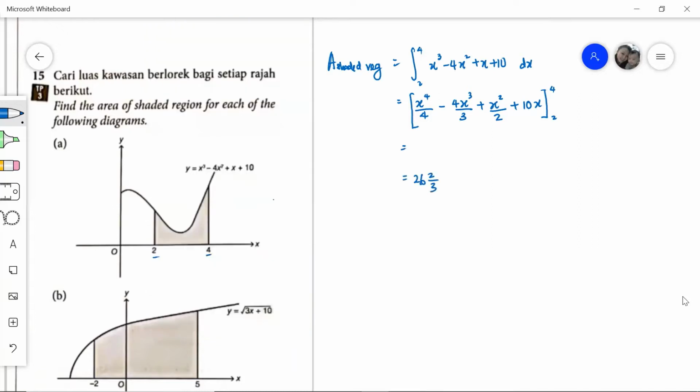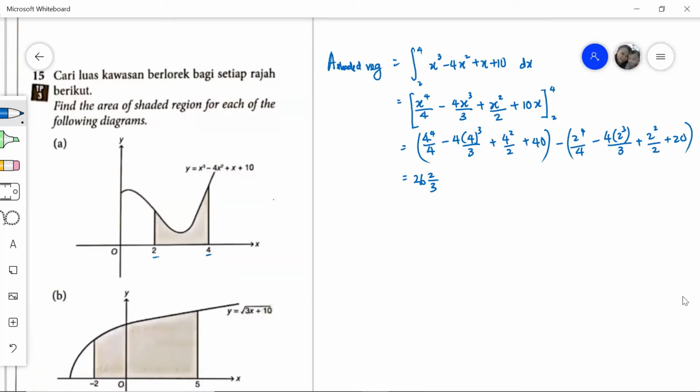Now I'm going to show this. Put 4 in: 4 to the power of 4 over 4 minus 4 times 4 to the power of 3 over 3 plus 4 squared over 2 plus 40. Then we minus 2 to the power of 4 over 4 minus 4 times 2 to the power of 3 over 3 plus 2 to the power of 2 over 2 plus 20.